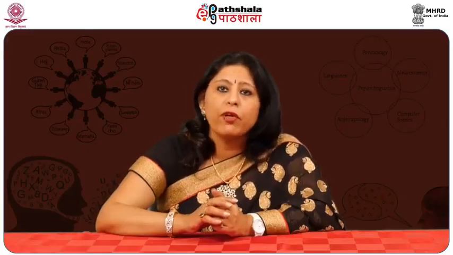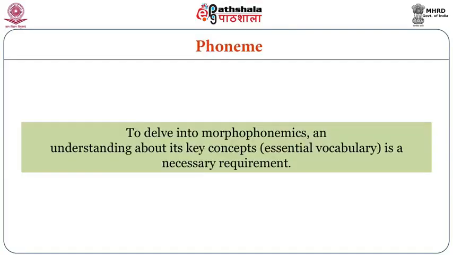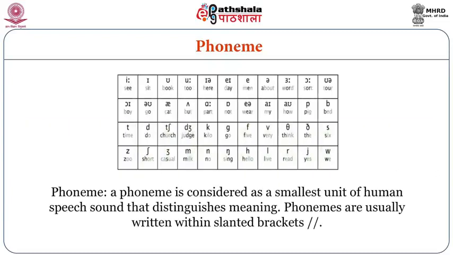Now, what is a phoneme? To delve into morphophonemics and understand its key concepts, essential vocabulary is a necessary requirement. A phoneme is considered the smallest unit of human speech sound that distinguishes meaning.